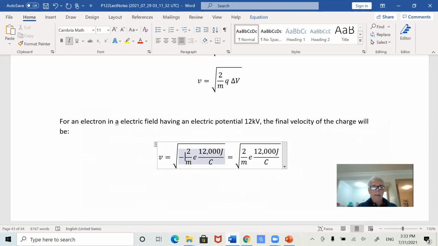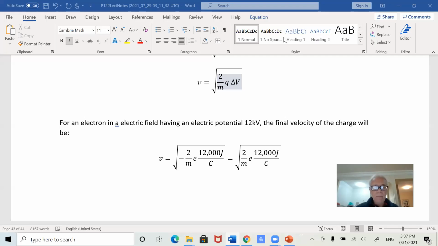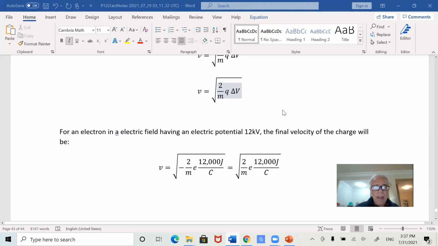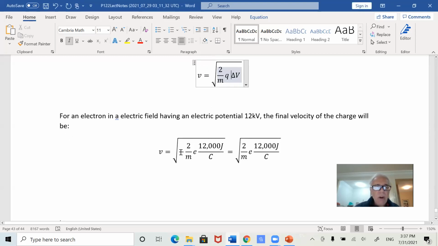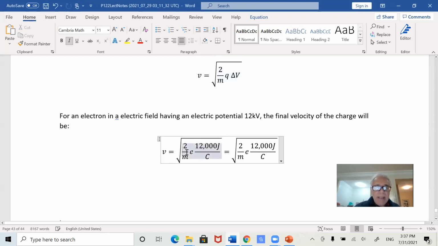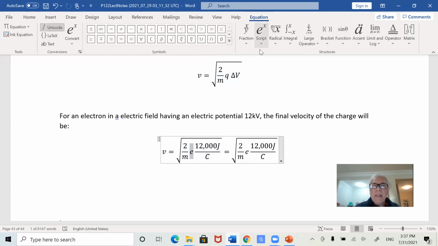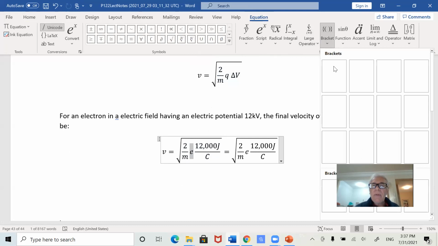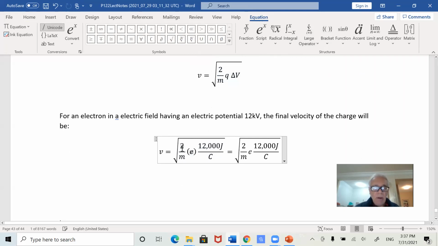Okay, so here you go. Yes, we do have a negative electric charge here. Let me put negative here next to this electron, so there is no doubt that the negative comes from the electron itself, the charge itself.